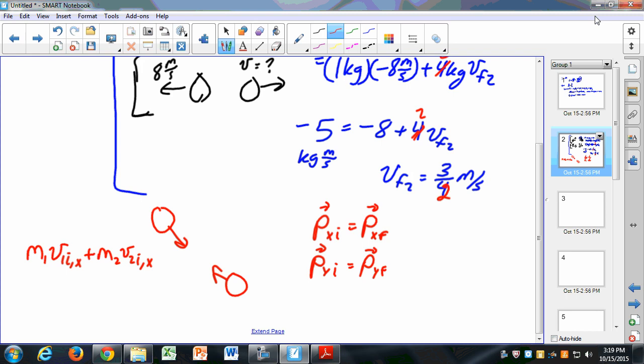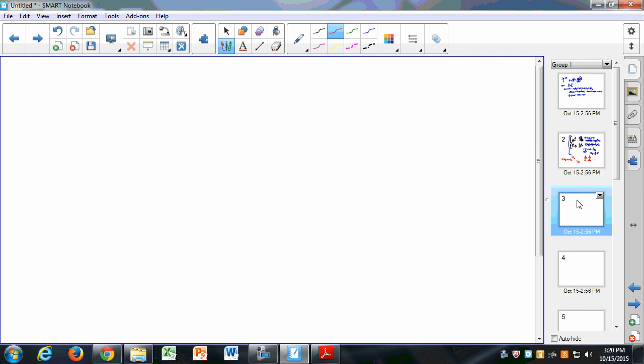Remember, x components cosine theta, y components sine theta. But they work out the same way. It's just the algebra is a little more complicated. They only have 2 chapters on their test, but they have a lot more stuff on it. It's getting a little more complicated for them.